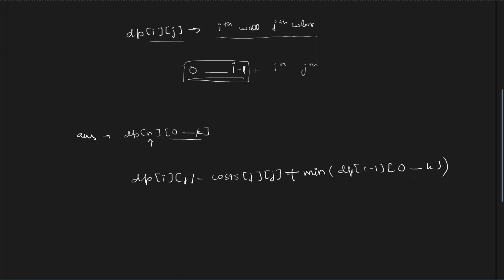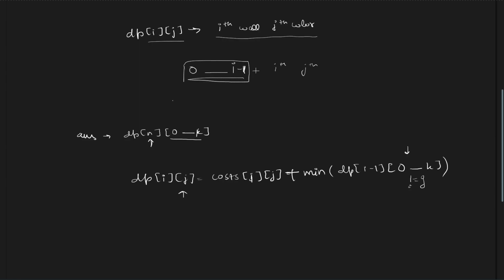Since I've written something like 0 to k here, this means that this particular value can have any value from 0 to k, but the only exception in this case is that it should not be equal to j, right? It is the same j that we are using here. Why? Because the question mentions that there is a constraint that no two adjacent walls can be of the same color. So I can take any value from 0 to k here except j, right?